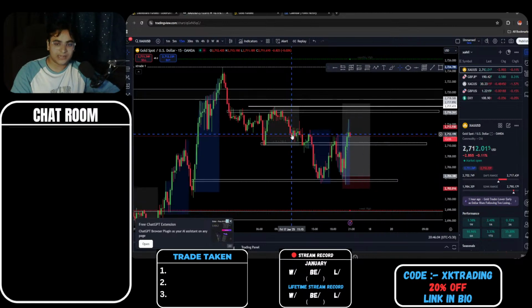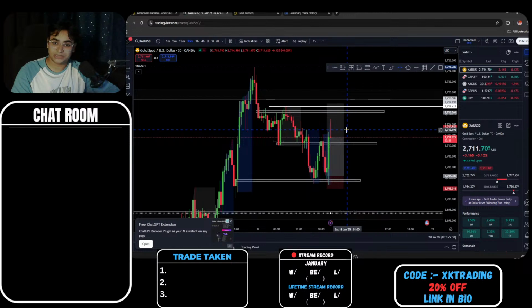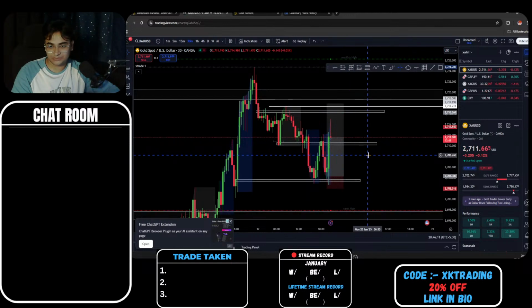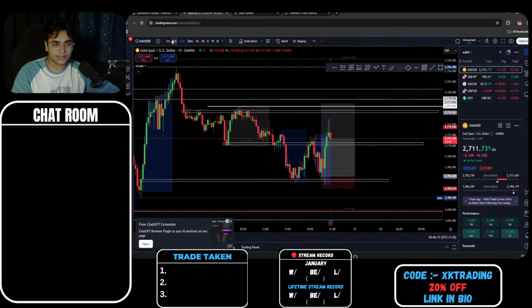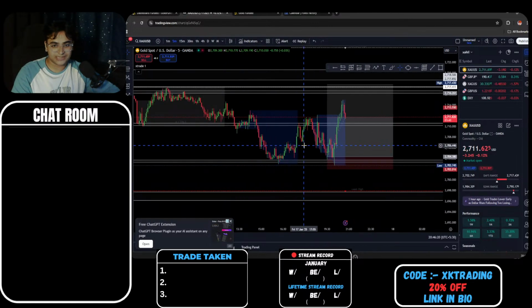Okay, so the 15-minute candle just closed. I think the 30-minute candle is flipping bearish. This is not good. But as I said, at the same time, we can have a pullback till 2708. If we have a pullback, let's see where the mark is that price can move up.